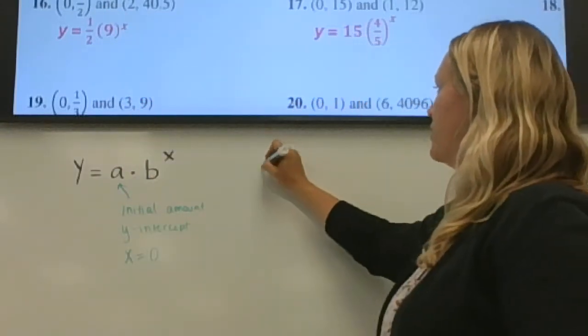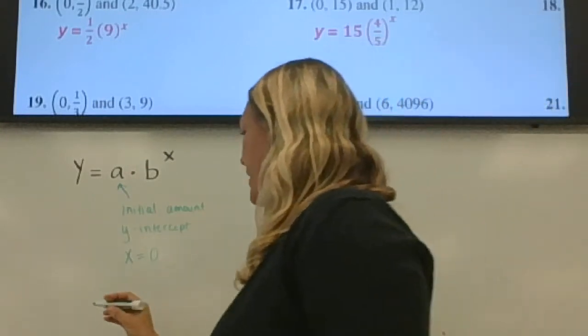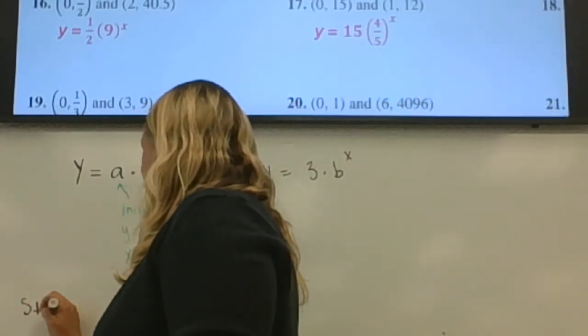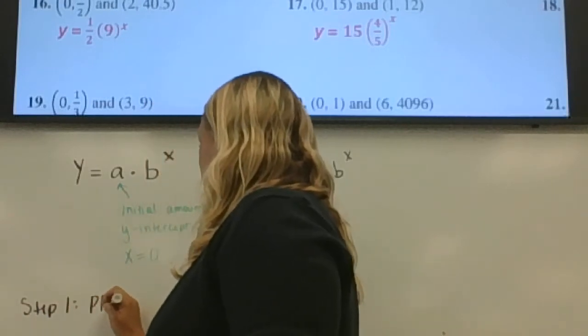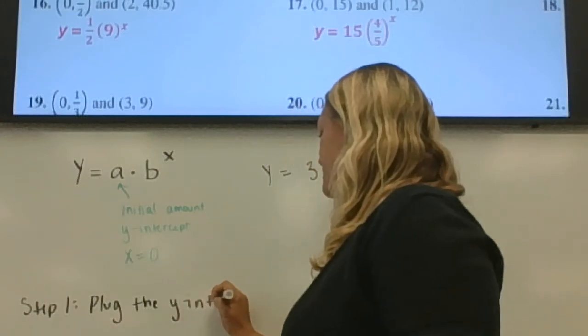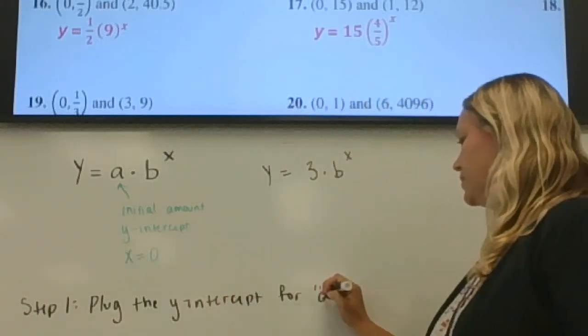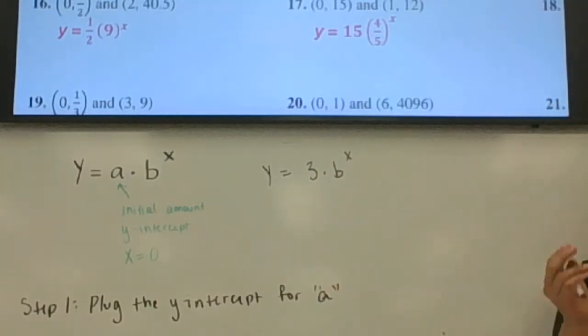Step 1: you plug in the y-intercept for a, which is the initial amount. When x is 0, y is 3. So I'm going to plug 3 in for a.